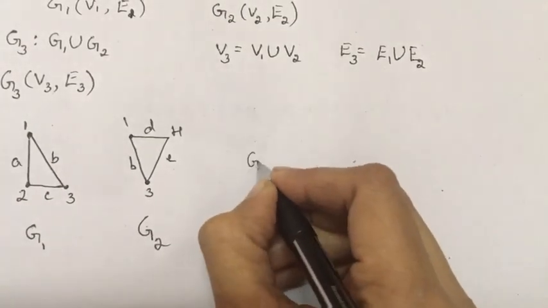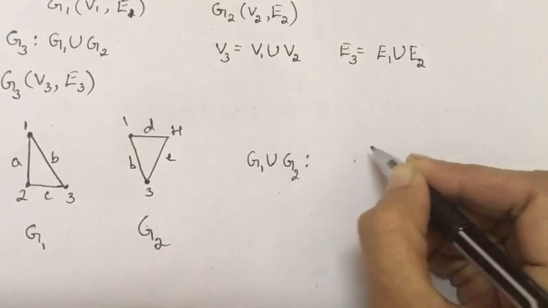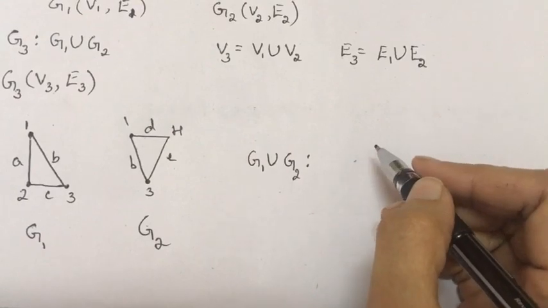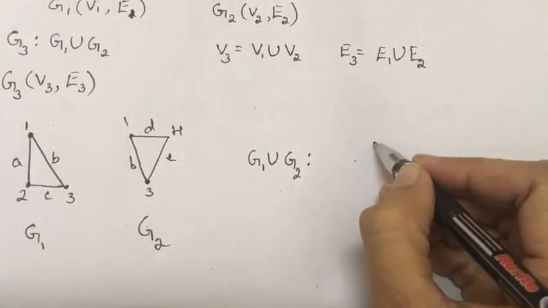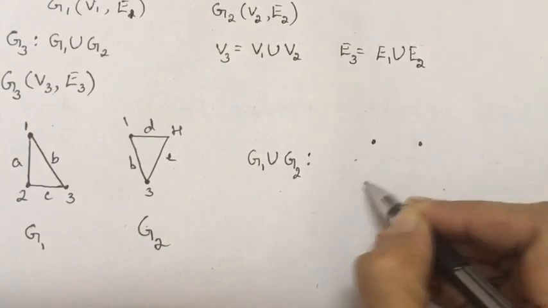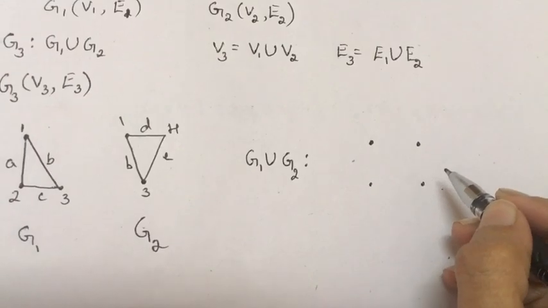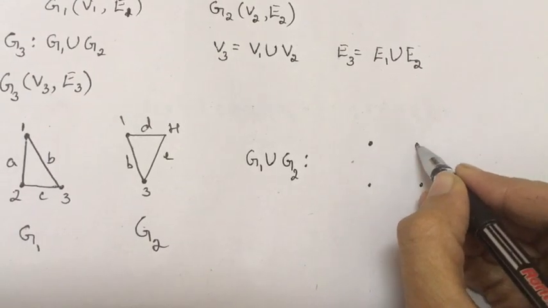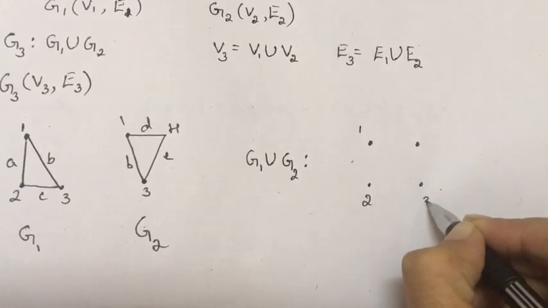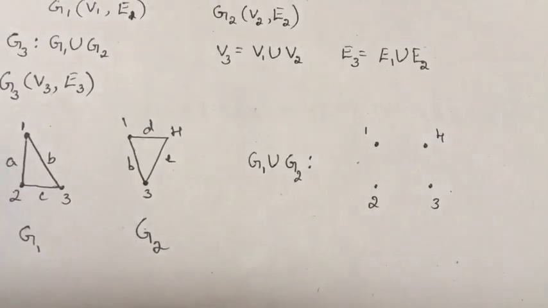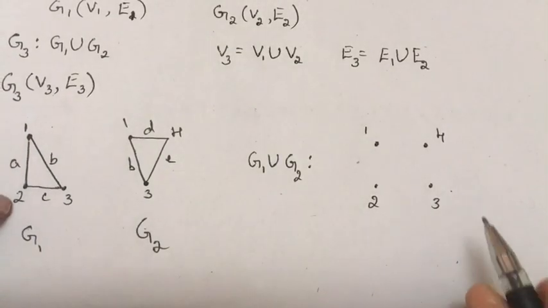Then G1 union G2 has all the vertices, 1, 2, 3, 4. It has 1, 2, 3 from graph G1 and the fourth vertex from G2. It should contain all the edges of G1 and G2.